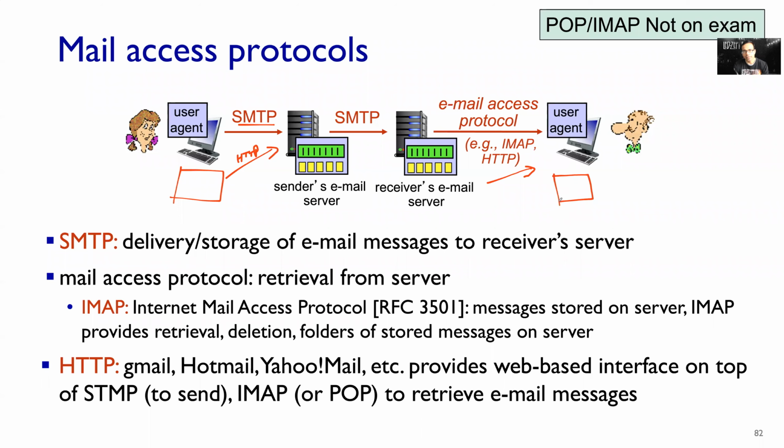If you're using a native client, say like Mail or Outlook or whatever, then this process takes place over a separate protocol called IMAP. Now you might wonder, why can't we use SMTP here? Can you think of why? Why cannot we use SMTP if you're, say, using a specific native client? Why should it be a separate protocol?